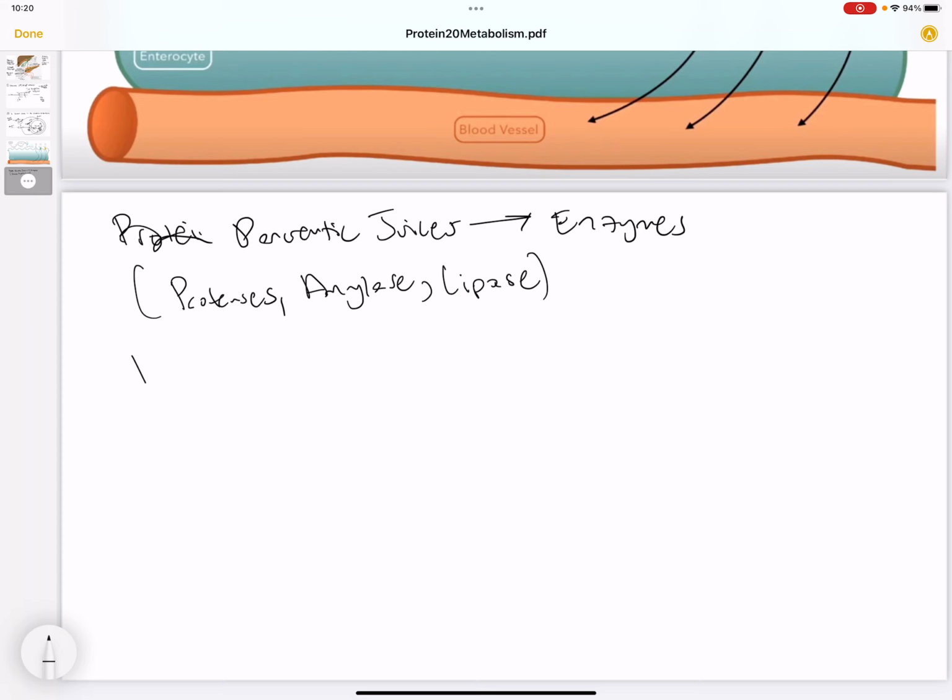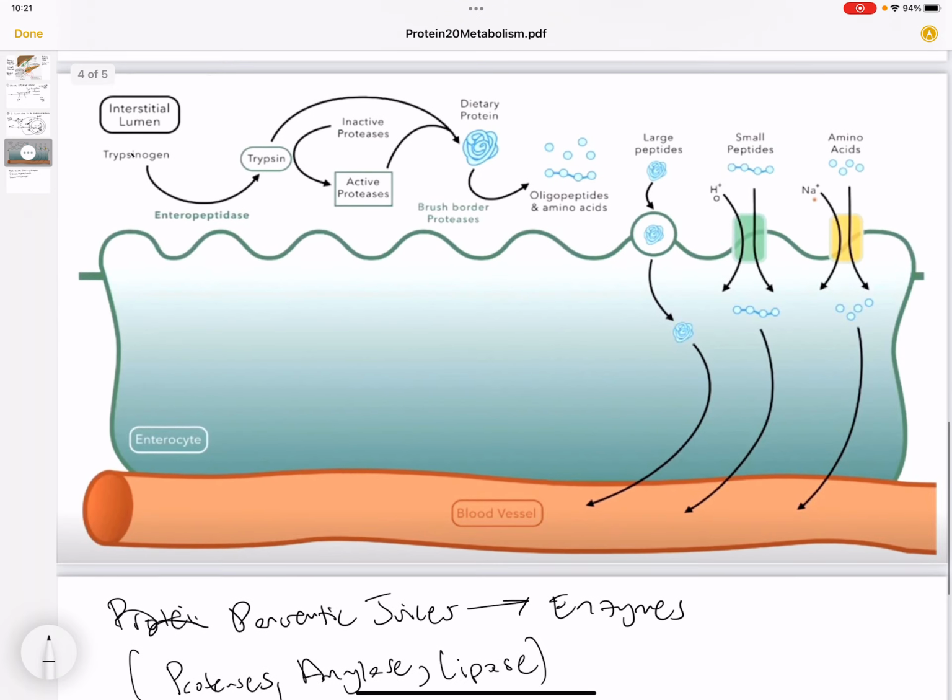Now, the protease that we want to first start talking about is trypsinogen. Trypsinogen is the inactive form of trypsin. And how does trypsin get activated?